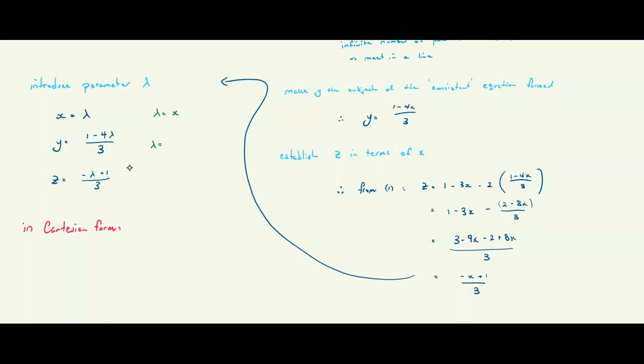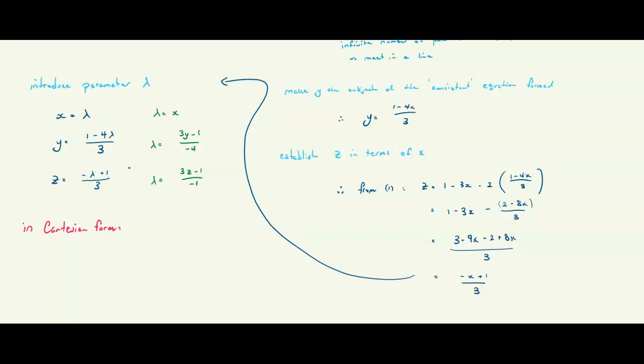That lambda equals 3y minus 1 over negative 4. That seems reasonable. And then over here, I've got lambda equal to 3z minus 1 over negative 1. I hope I've got that right. So they're my lambdas. So now I can write in Cartesian form.